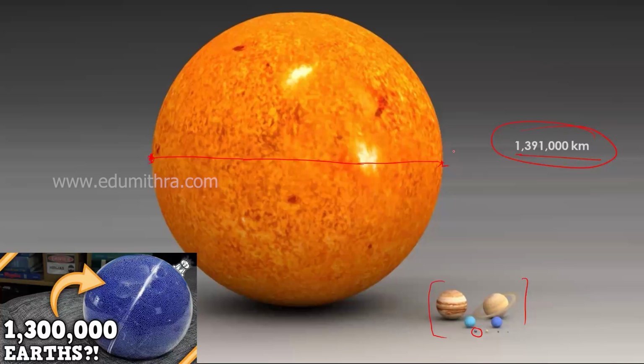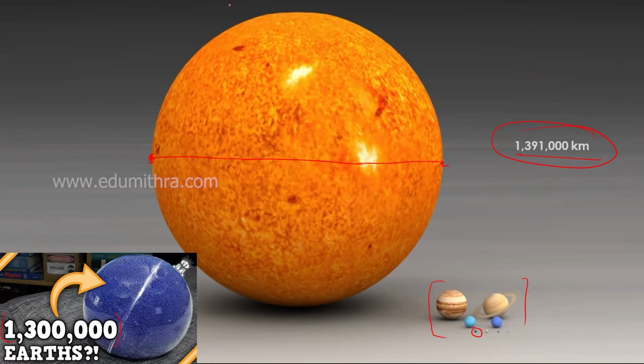Another interesting thing is the volume of the sun. Imagine the sun as a big, huge, transparent sphere. Then we can put almost 13 lakh, or 1.3 million, Earths inside the sun.